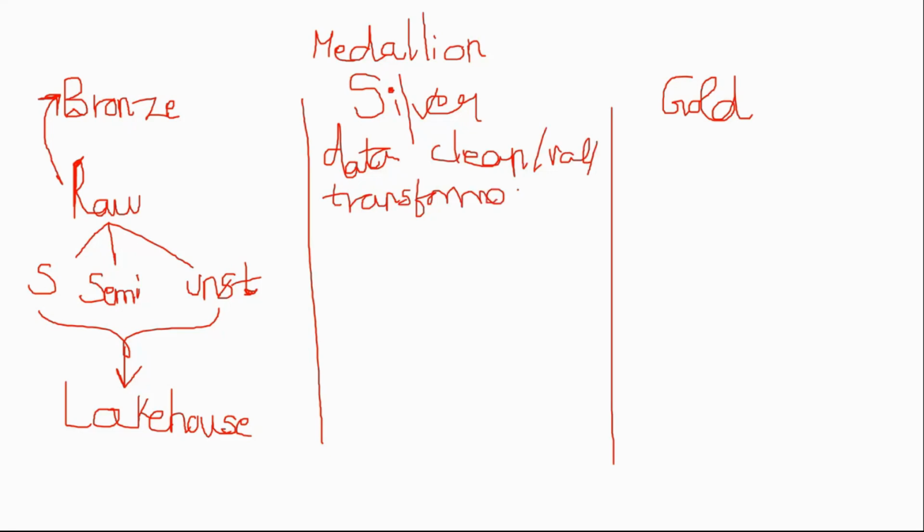So imagine that I want only rows that contain proper values. That's what I load from my raw data into my silver layer. Or let's say I have unstructured data in the form of images. I can leverage my image processing system and try to extract certain data from it.